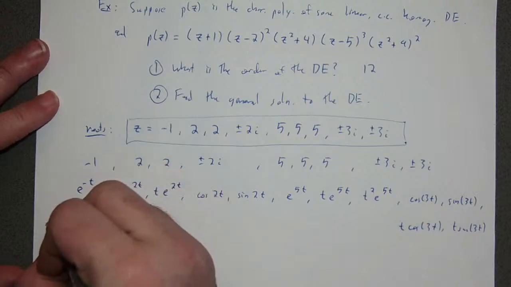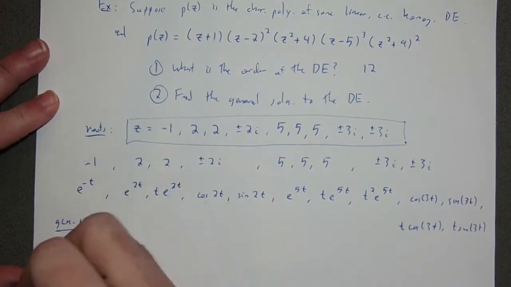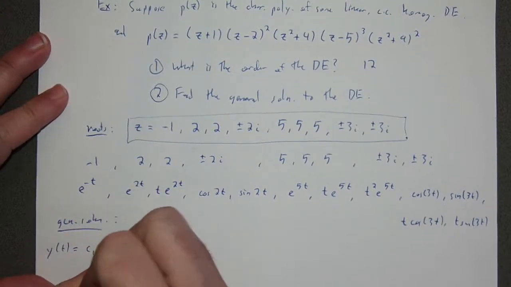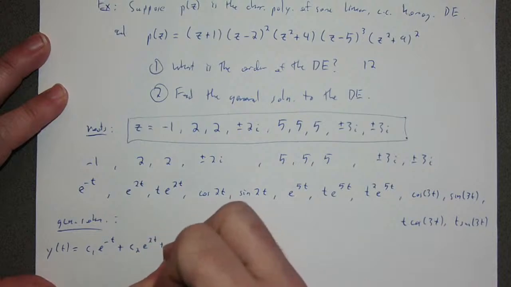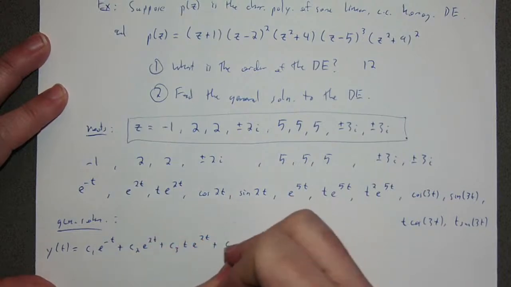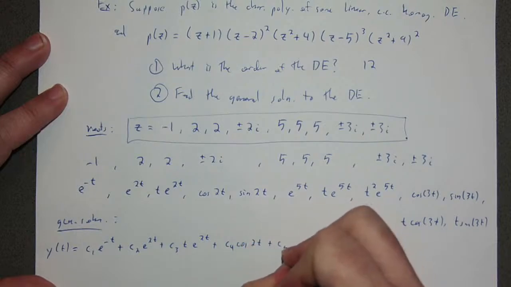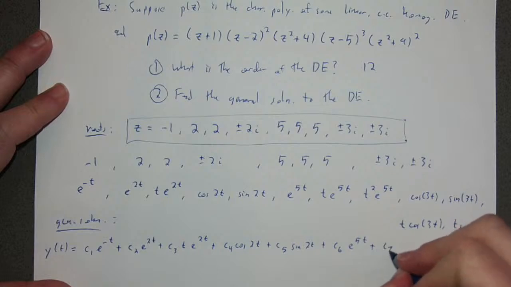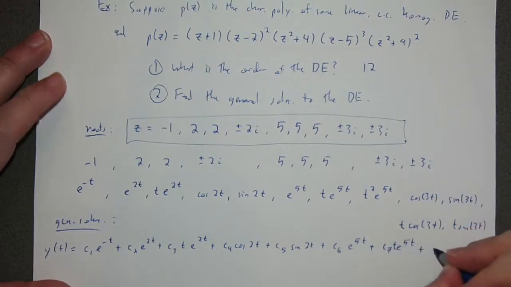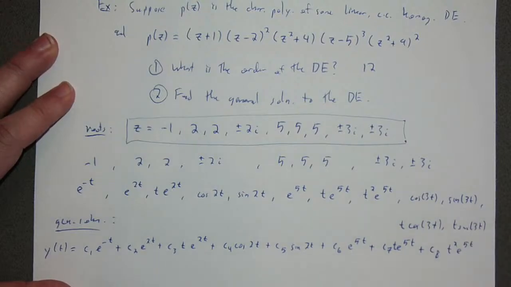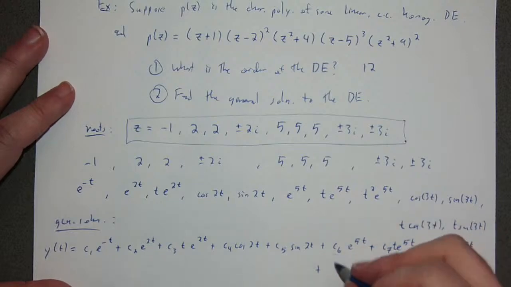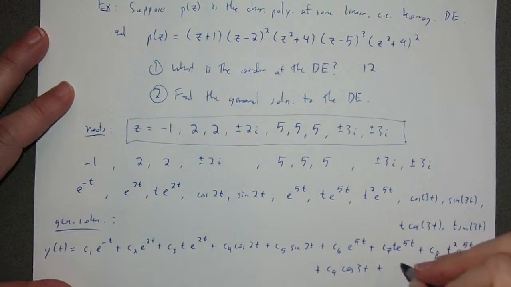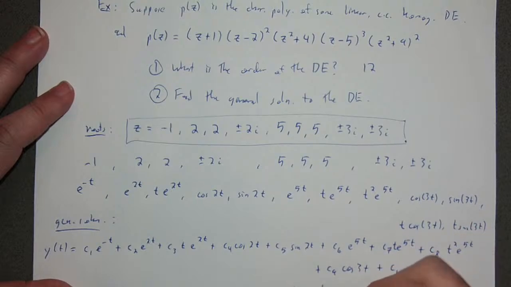And so, my general solution to the differential equation is y of t is equal to c1 e to the minus t plus c2 e to the 2t plus c3 t e to the 2t plus c4 cosine of 2t plus c5 sine of 2t plus c6 e to the 5t plus c7 t e to the 5t plus c8 t squared e to the 5t plus c9 cosine 3t plus c10 sine of 3t plus c11 t cosine of 3t plus c12 t sine of 3t.